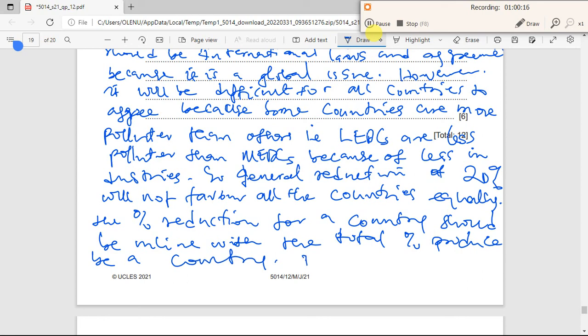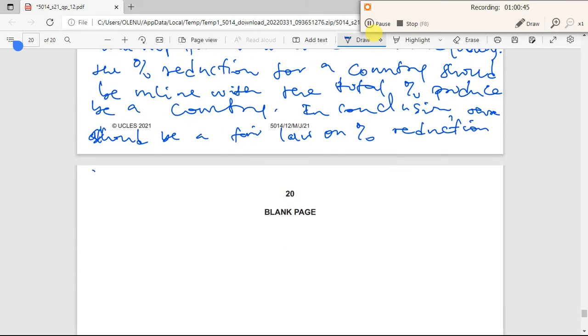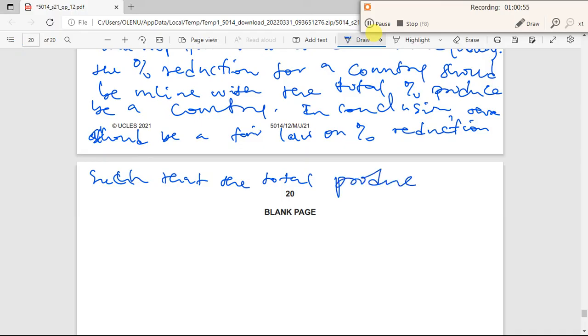Now, in conclusion, there should be a fair law on percent reduction such that total produced by country will be equal globally.